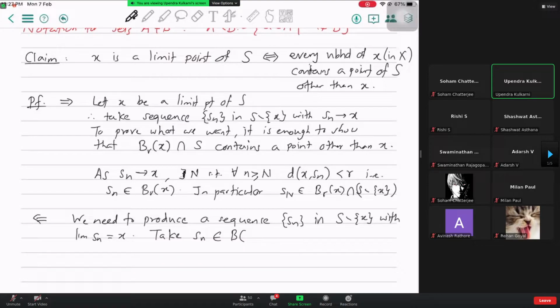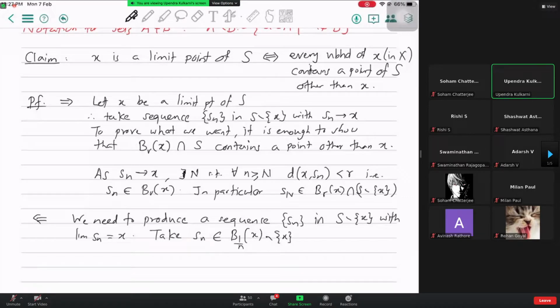So how do we finish off the proof? Okay, I'll just write it down because somebody said this. How do I know that such an Sn exists, such a point exists? Well, just by the hypothesis, no?